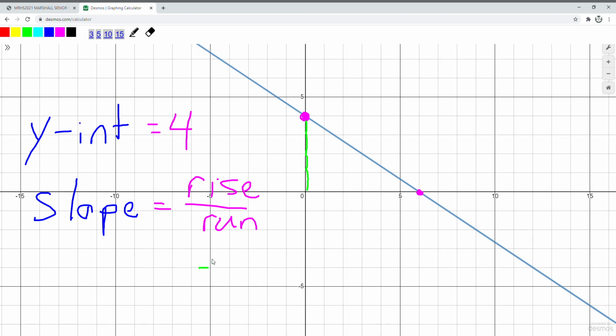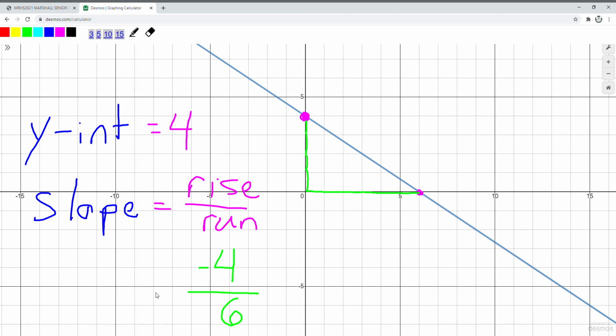So my rise is going to be -4. Now let's see about the run. 1, 2, 3, 4, 5, 6. Okay, so to get all the way over there, I had to run 6. Now the 6 is positive because I was still running to the right, towards the larger numbers, the positive numbers. So here's my slope, -4 over 6.